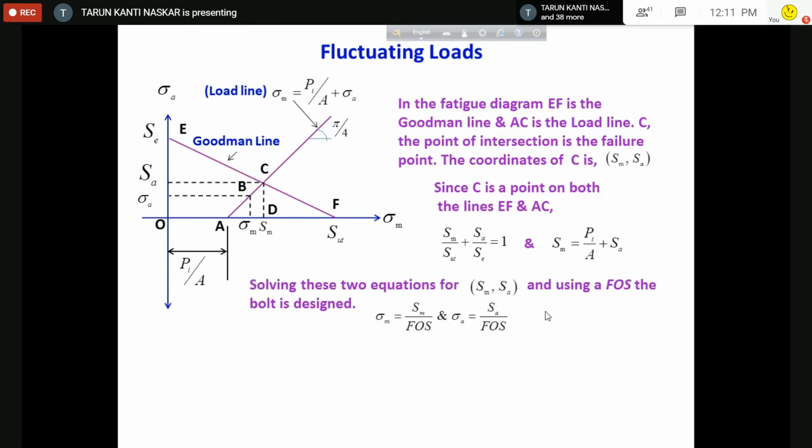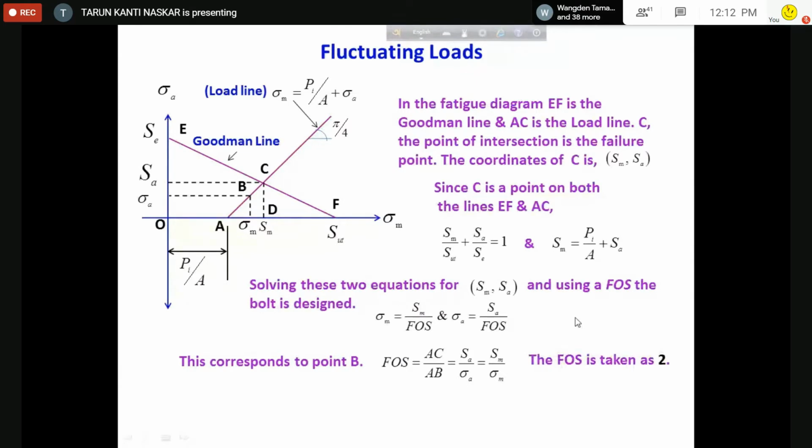Solving these two equations, we can find out sigma m and sigma a, and we have to introduce the factor of safety. While introducing factor of safety, the point C comes to point B along the load line. So FOS is equal to AC by AB, and FOS is normally taken as 2.